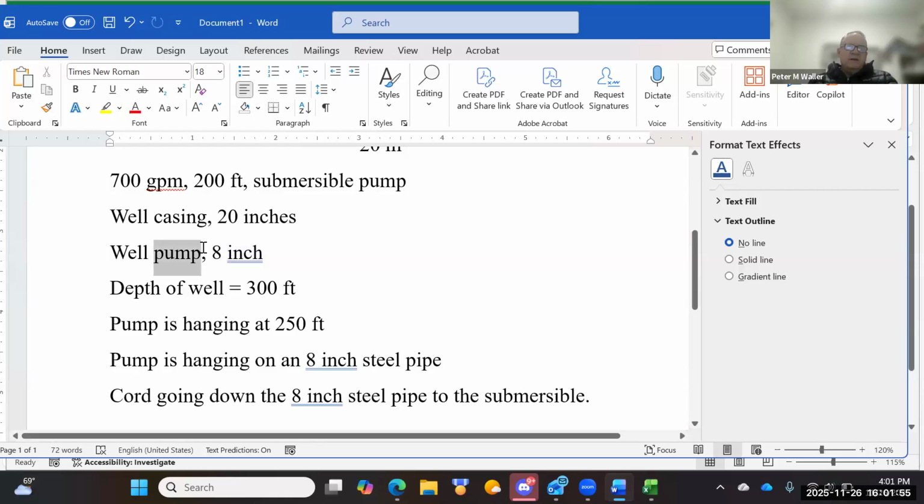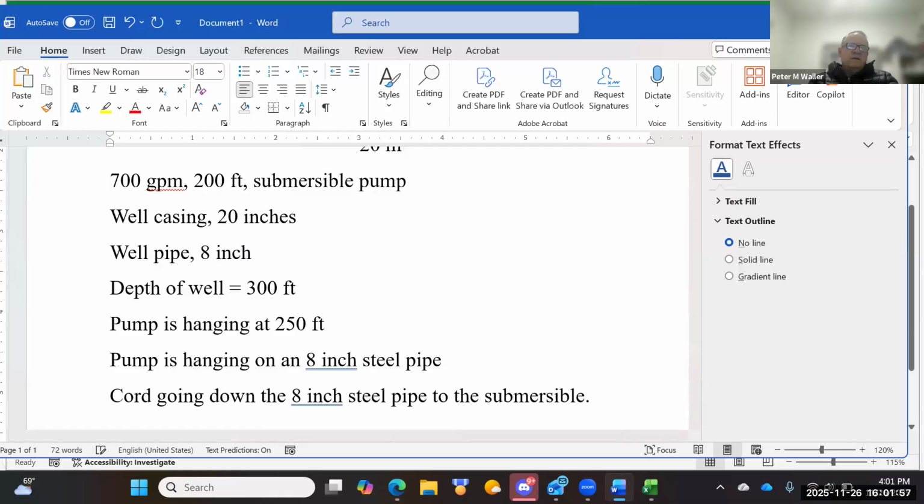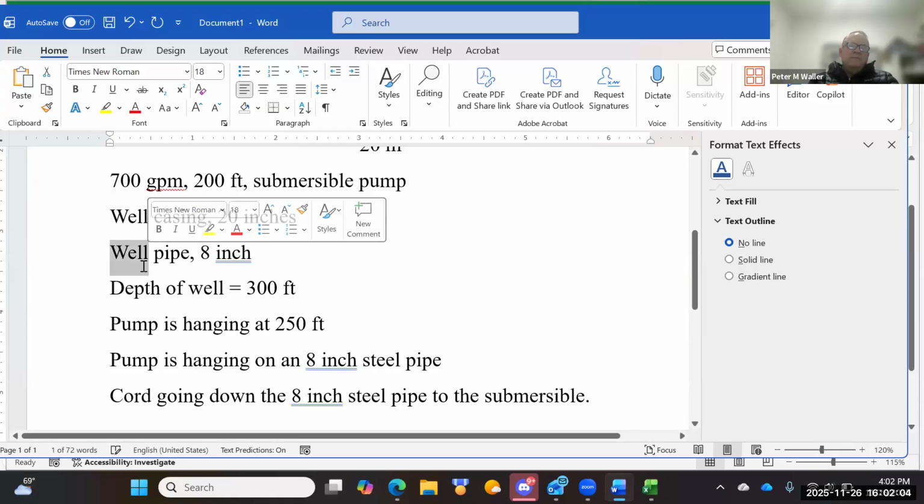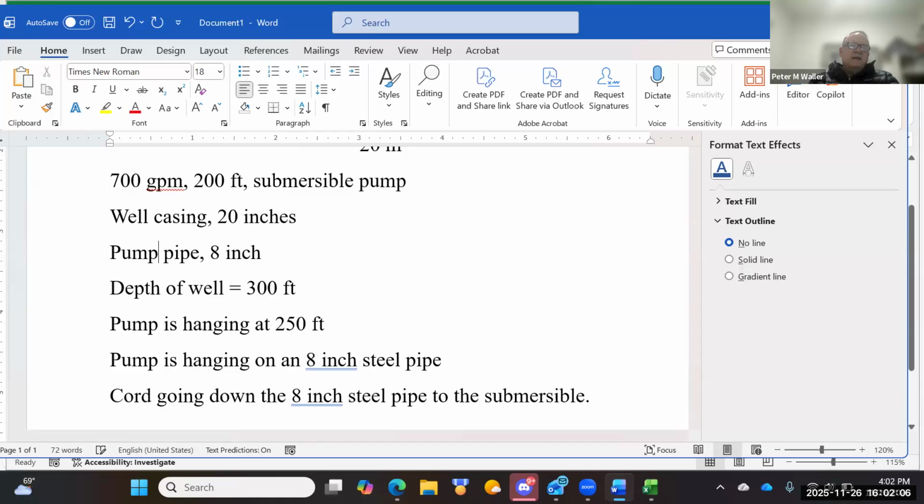And the thing that we have to say is the well pipe, I'm sorry, let's say it's the pump pipe. That's what the pump is hanging on. It's 8 inches in diameter and it's 250 feet long.